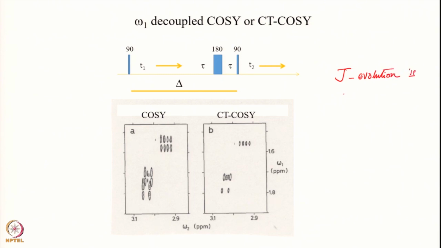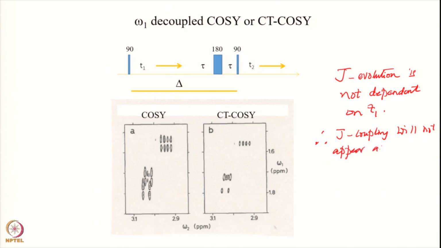Therefore, J coupling will not appear along the omega 1 axis.